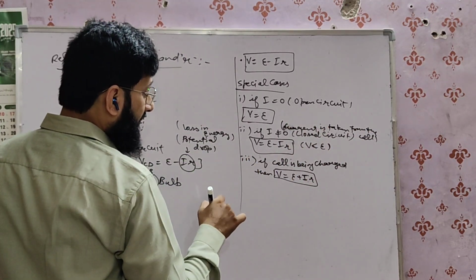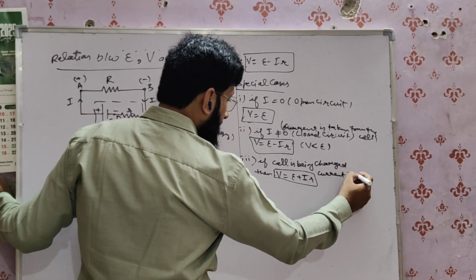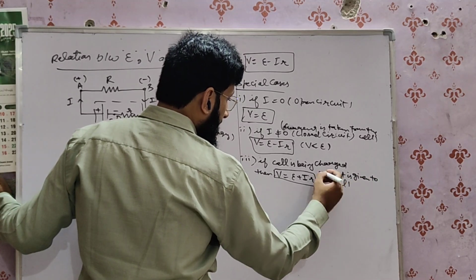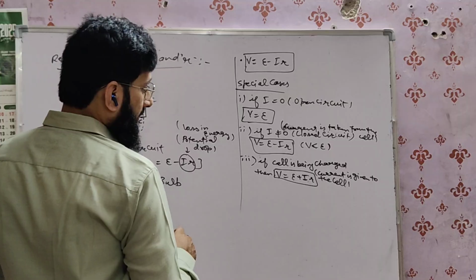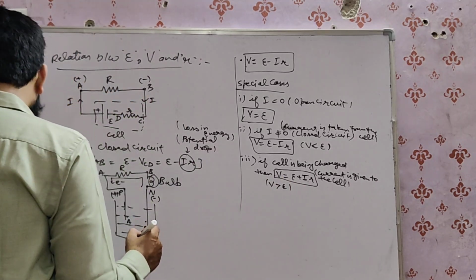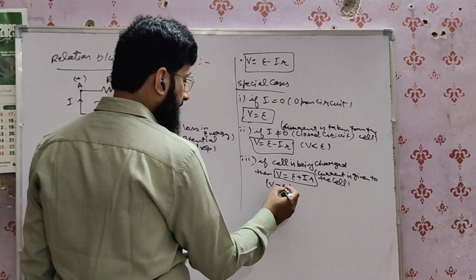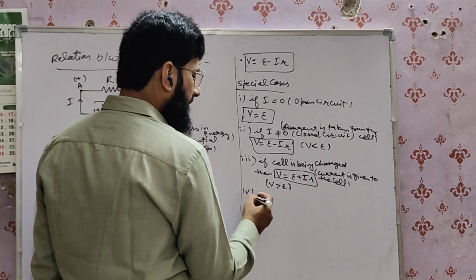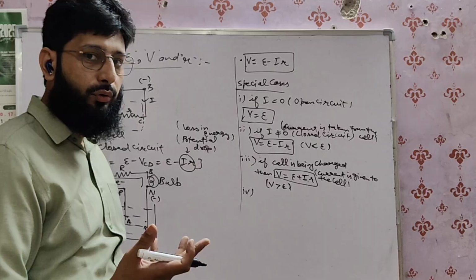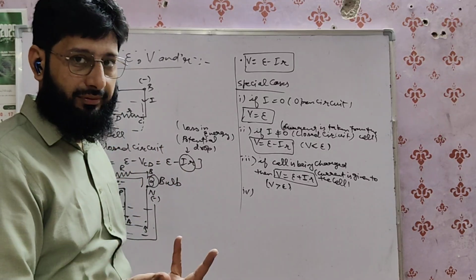But in this case, if the cell is being charged, that means current is given to the cell. Current is given to the cell. And in this case, the terminal voltage is greater than the EMF of the cell. When a cell is being charged, it means you are charging your phone, so the battery of your phone will have more voltage than its EMF.